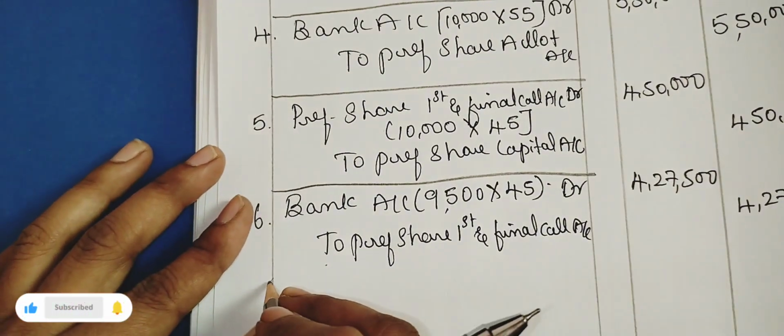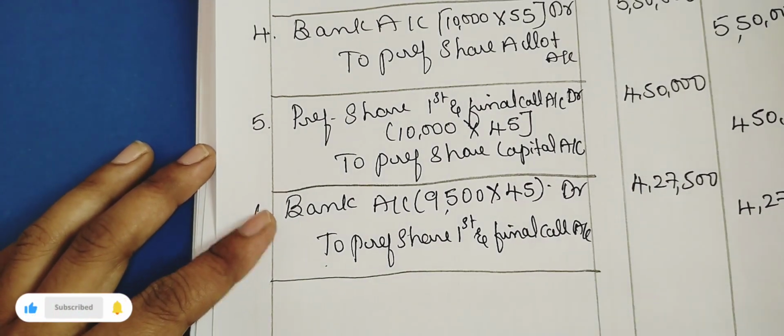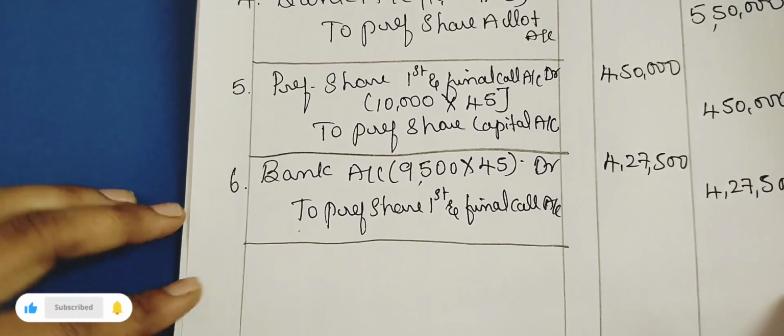Now we need to pass the entries for the forfeited shares. So how many shares we are forfeiting, then reissue of forfeited shares, and the excess money we are transferring to the capital reserve account.